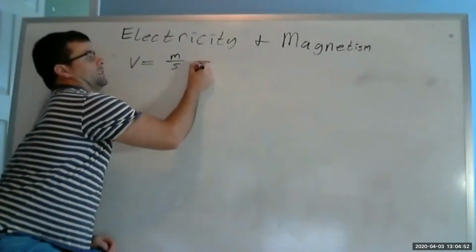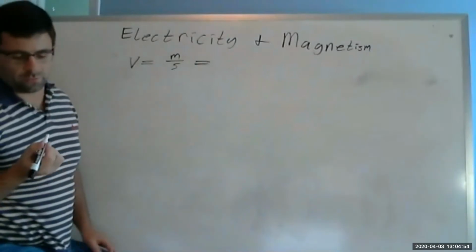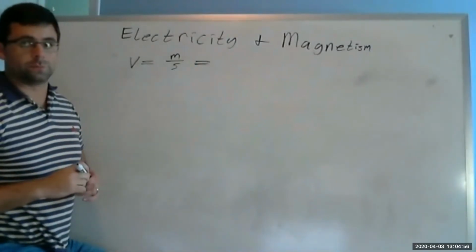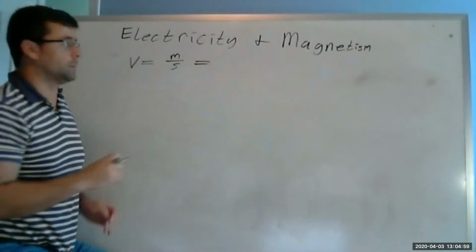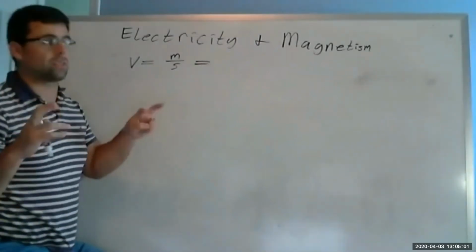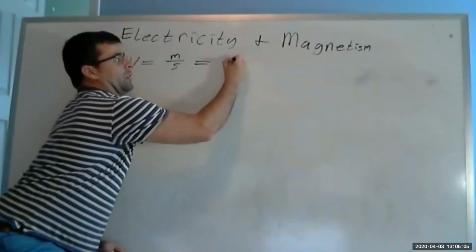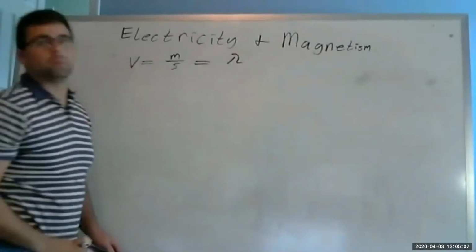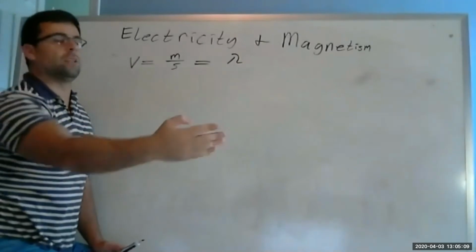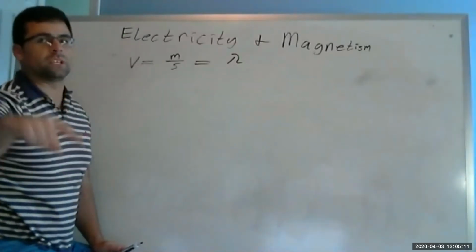So the first one we started off with is lambda. The length or distance of a wave is the wavelength, lambda. That's the distance that the wave travels to complete one cycle.